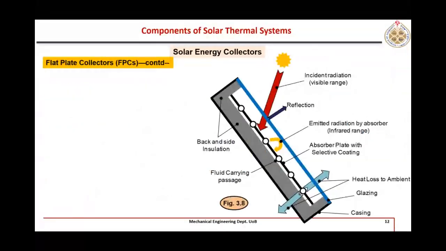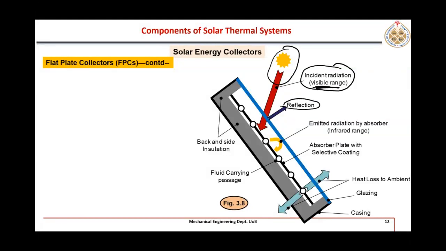So here is the same working which I already explained. Let's see again, here is the incident radiation in the visible range. Majority of it is in the visible range. A part of it will be reflected. The rest will be transmitted, and we know how to calculate that.